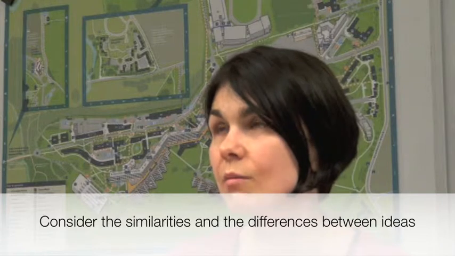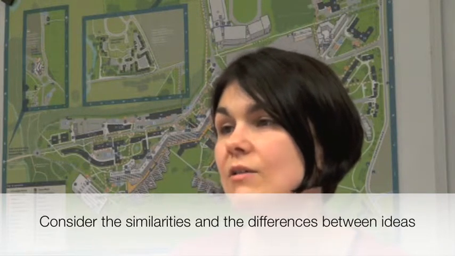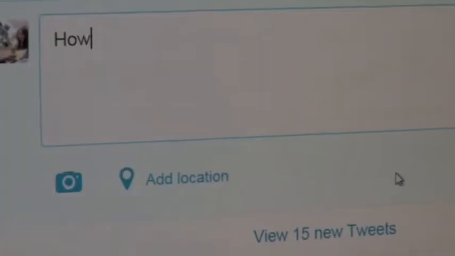And it's really important that you consider where the similarities between different thinkers, writers and so on lie, and also where the differences might be. So a really important aspect of critical thinking is looking at connections between ideas, or lack of connection between ideas too.